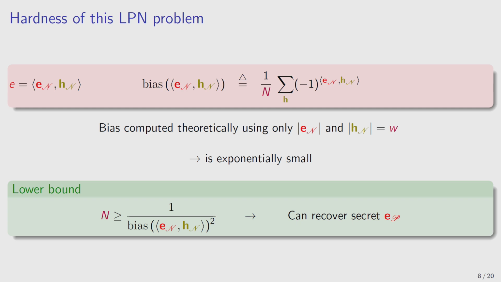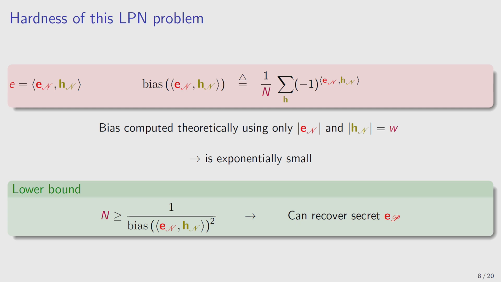Basically, the higher this bias is, the easier the problem will be. What is important is that this bias can be computed theoretically using only the weights of the vectors, which are known quantities. And this bias is exponentially small, so this is what makes our algorithm exponentially difficult.